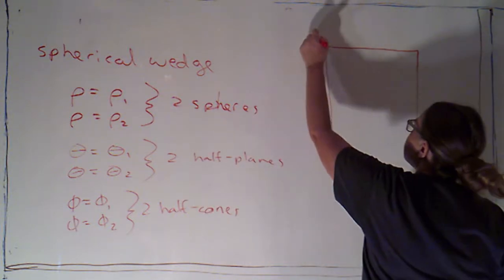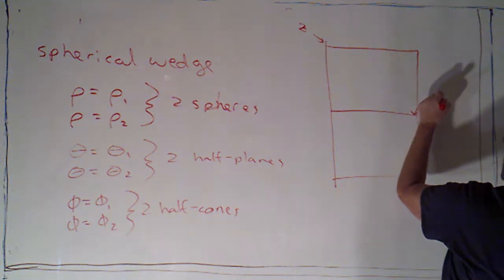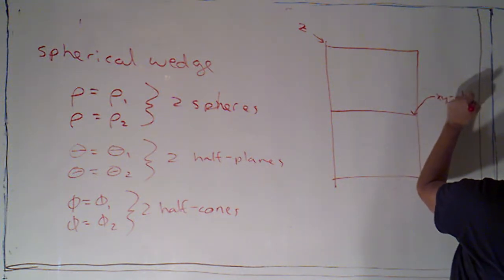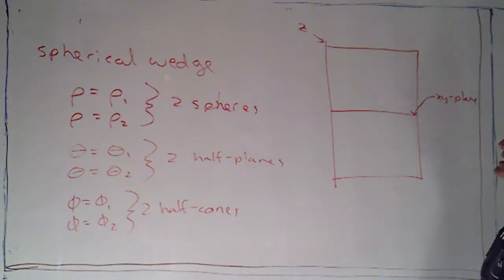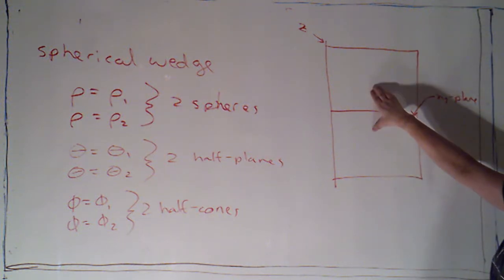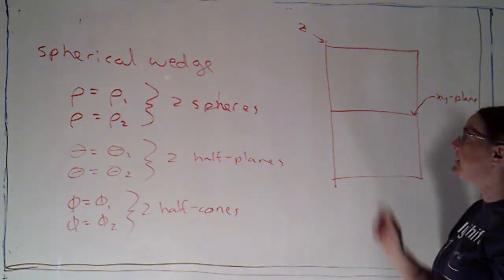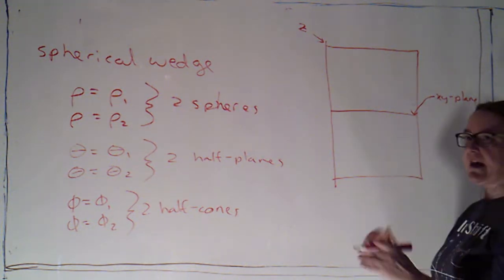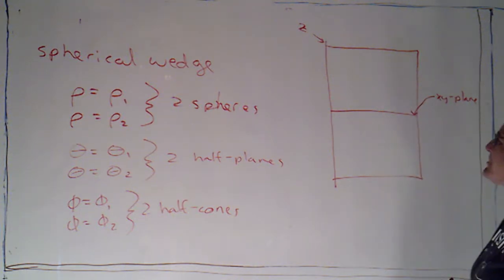So here's the z axis. This would be the xy plane. We're imagining that it just extends on out like so. Now I usually draw it so that it looks like we're talking about the right half of the yz plane, but I'm not assuming that we have that. I'm just taking whatever half plane I have and rotating it so that it fits nicely on my whiteboard.